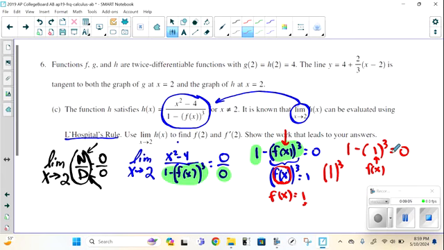It works. So f of x has to be 1. And keep in mind, that's when I'm plugging a 2 in there, right? So that's basically like saying f of 2 is 1, because we're using L'Hopital's rule when I plug a 2 in for this x. So f of 2 is 1. Okay, there you go. We found what f of 2 is.